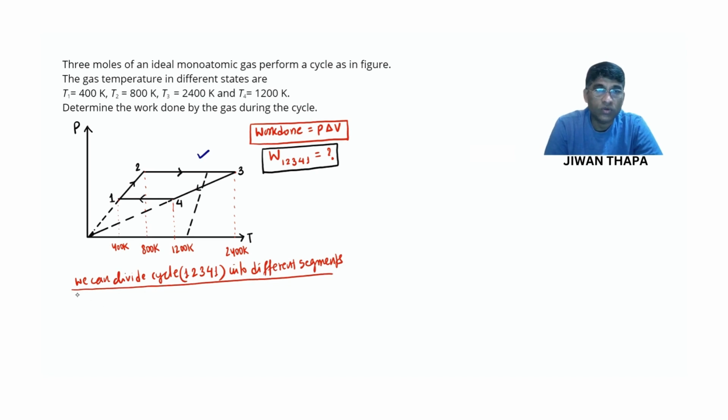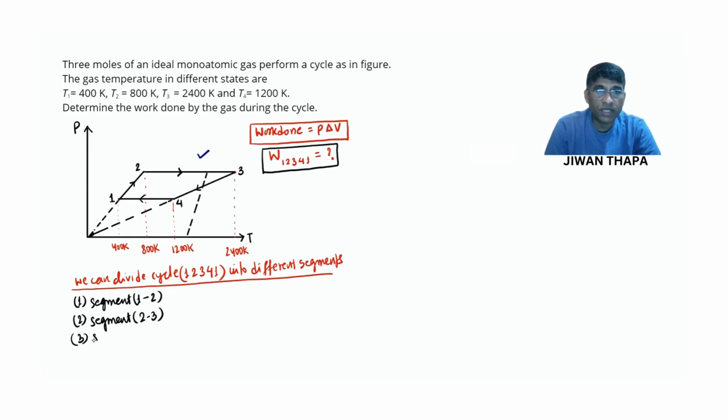So we have segment 1 dash 2. Next we have segment 2, 3.